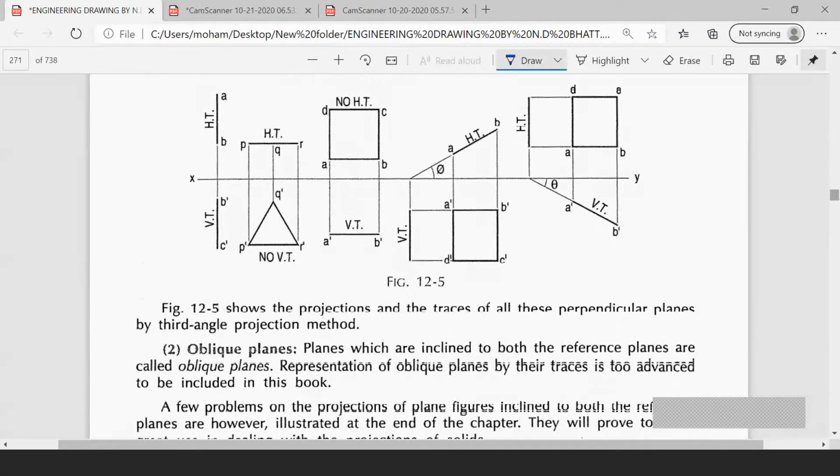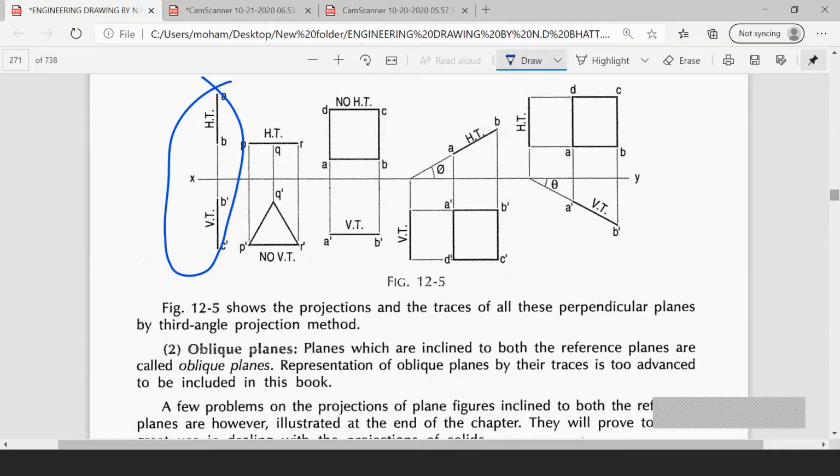These are the conditions he has written. First, when it is perpendicular to both the planes, you have a straight line. When it is parallel to HP and perpendicular to VP, you have it like this.